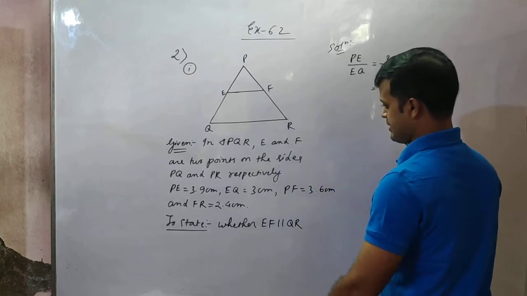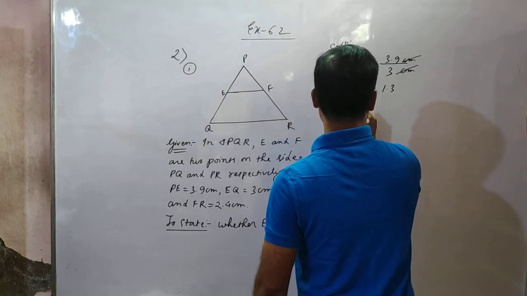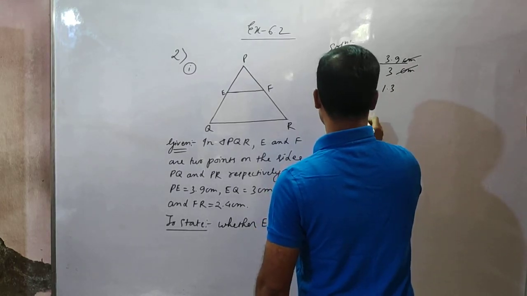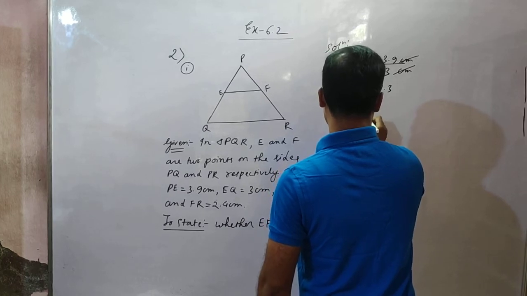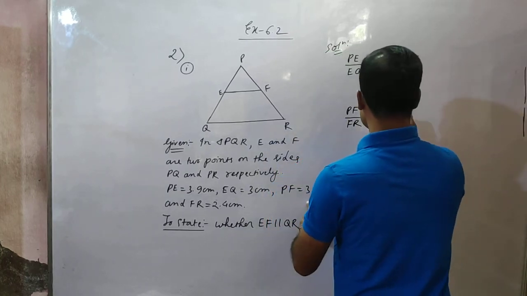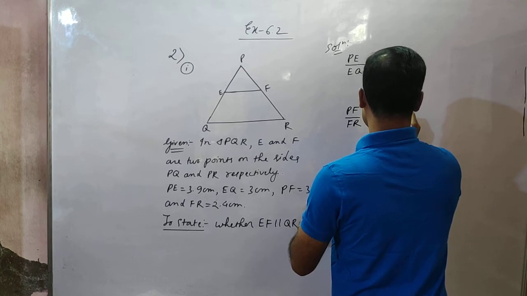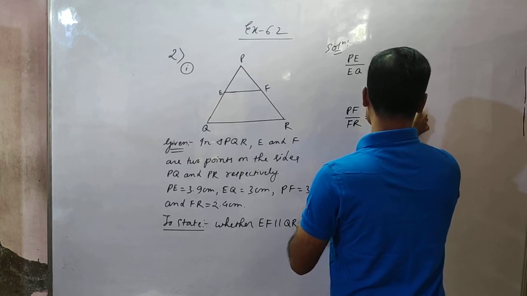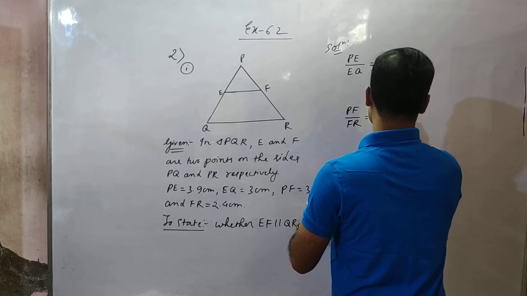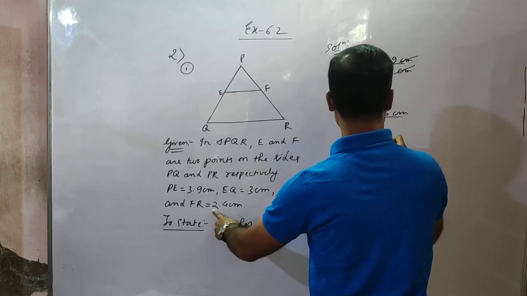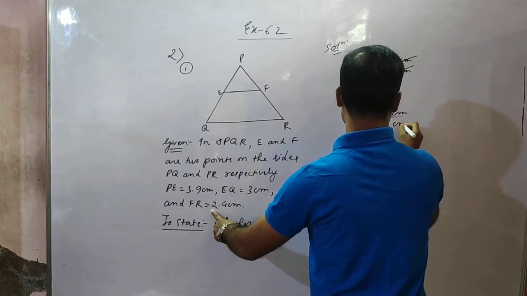Next you find out again PF by FR. What is the value of PF, students? 3.6 centimeter. And what is the value of FR? 2.4 centimeter.